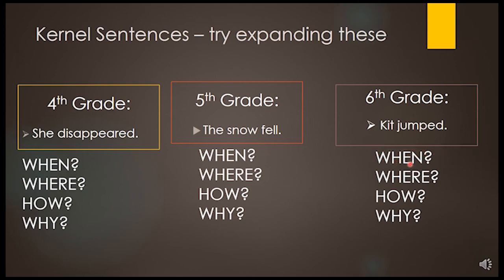When did Kit jump? Was it after she saw the toy floating in the water? Or you can choose another time. Then you're going to fill in where, and then choose one of these, either a how or a why. And I'll give you another few seconds to finish that.